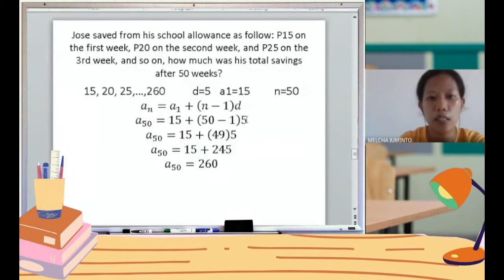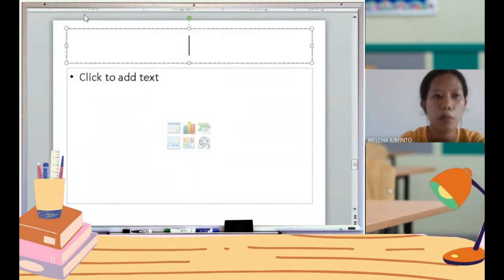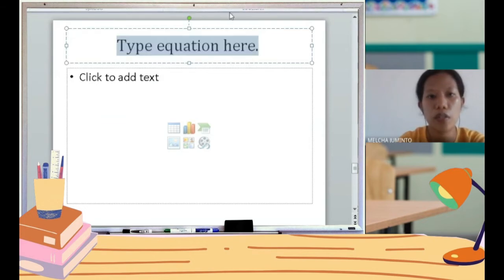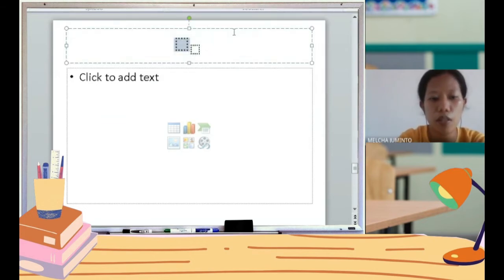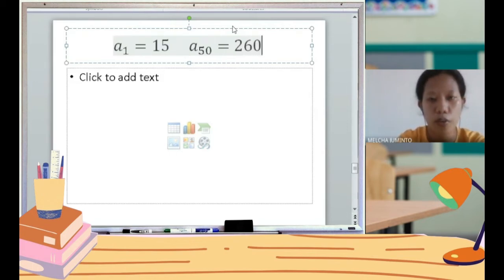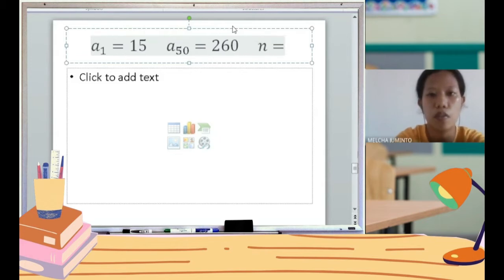So we know this given that a sub 1, take note that we already know that the first term from his savings is 15, and we also know that the last term, or his savings during the 50th week, is 260. And of course, we know that n equals 50.